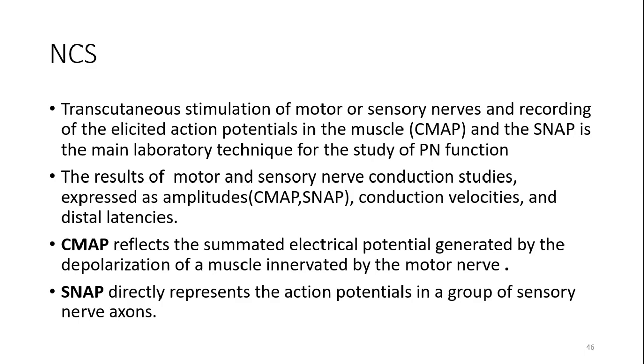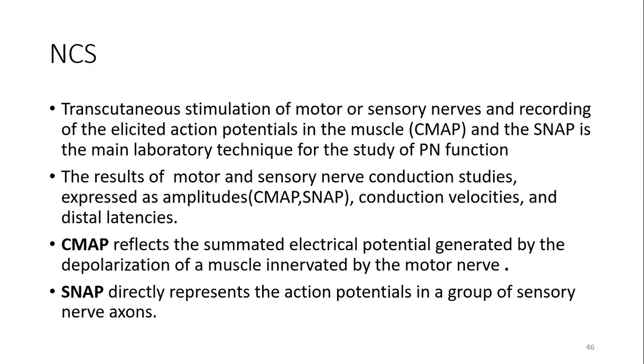One method of assessing the function of the peripheral nerves is by assessing the action potentials, whether a motor action potential or a sensory nerve action potential. The motor action potentials are recorded in the distal muscles, while the sensory ones are recorded on the distal nerves.